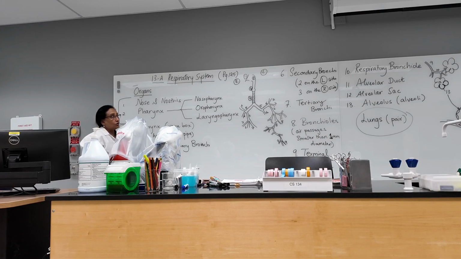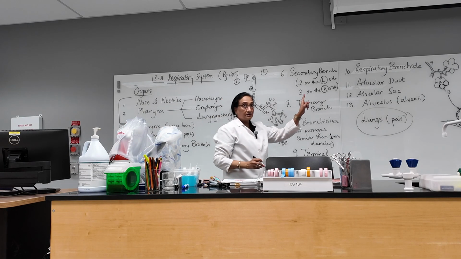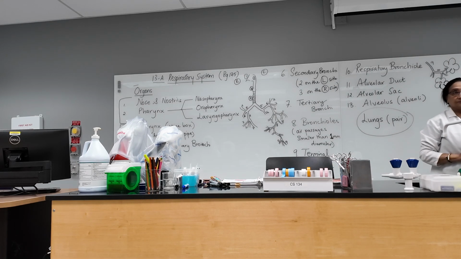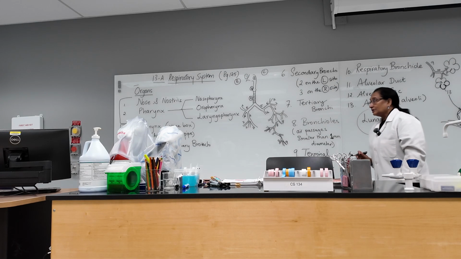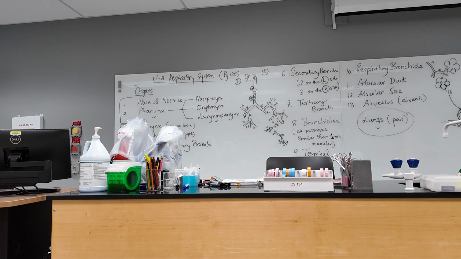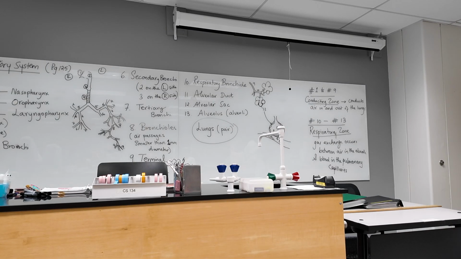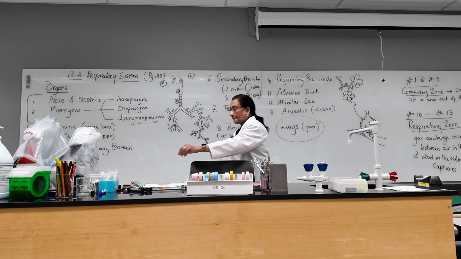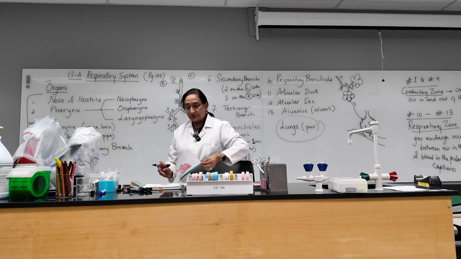Then we will look at 4, 5, 6. And then we will go to the lungs per se. Okay, so the first model that you have in front of you. So this is the picture here.